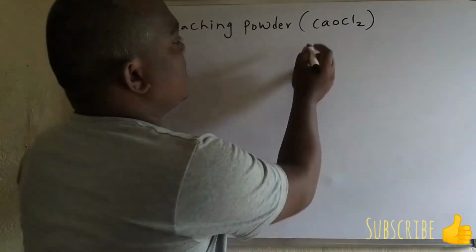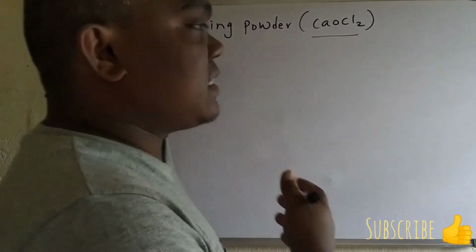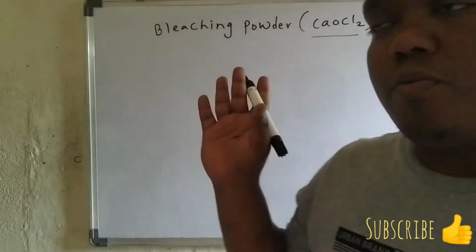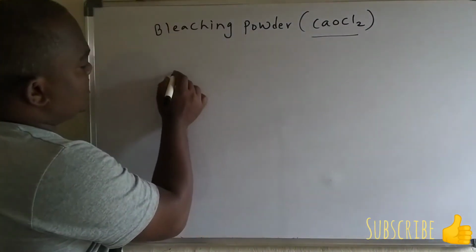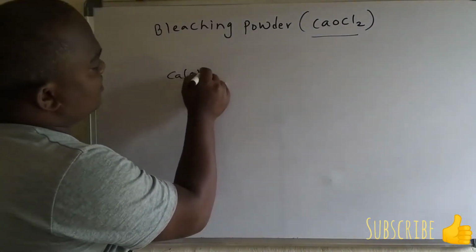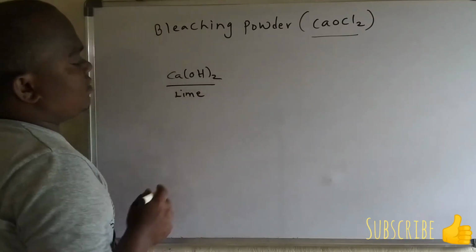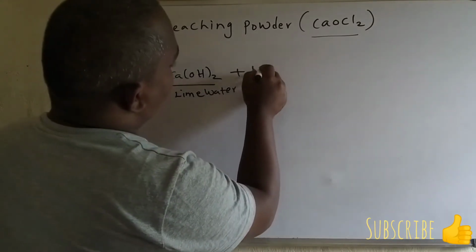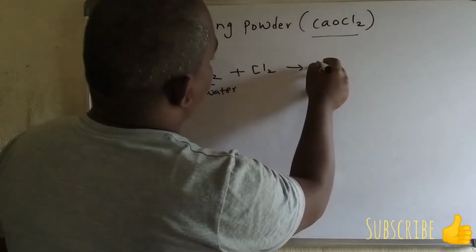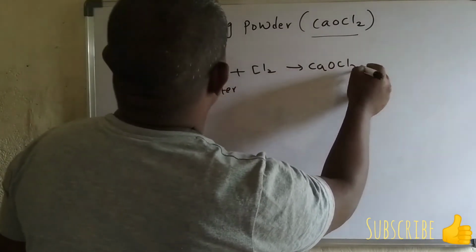This is the chemical formula of bleaching powder. It is made from the byproduct of the above process, that is chlorine. When we pass chlorine gas on lime water, whose formula is calcium hydroxide, we get calcium oxychloride, CaOCl2.